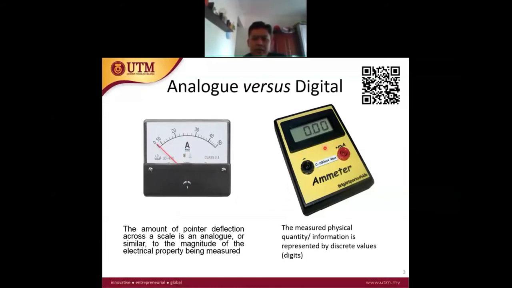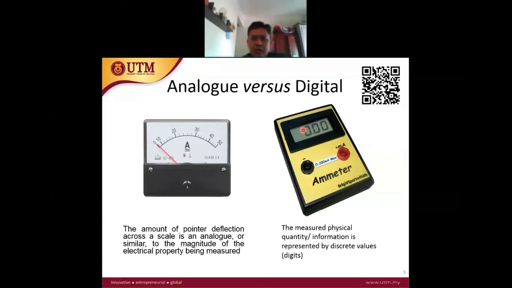Whereas for digital, it is based on discrete values, discrete values of current. Okay, and the information is represented by discrete values of digits.